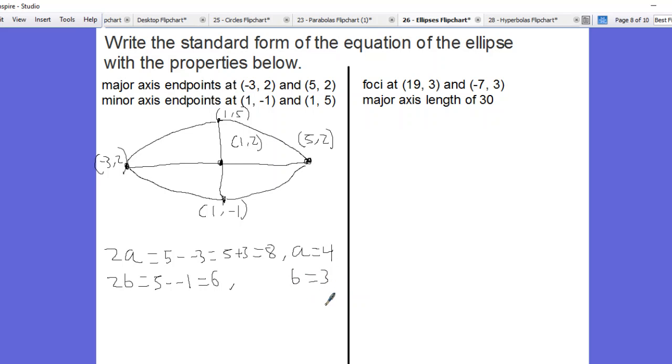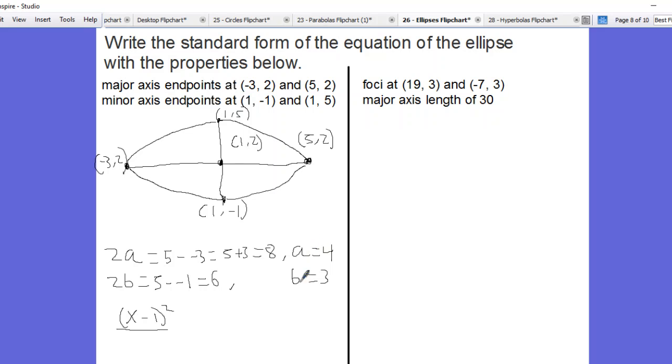Now, we can write our ellipse in standard form. Let's look at the x coordinate. The center is 1, right? So it'll be x minus 1 squared, that's the x coordinate of the center. And because this is a horizontal ellipse, that means a squared goes under the x term.